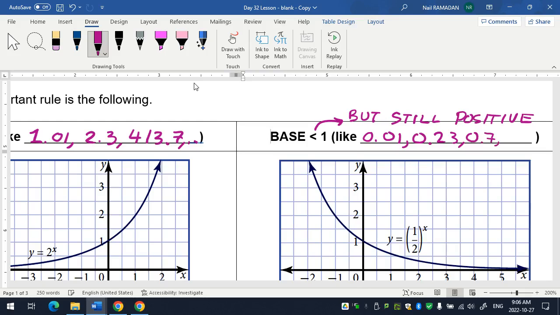Can you give me a decimal very close to 1? Very close to 1. 0.999999 forever. So let's just say 0.99. My point is, do not touch the 1. Okay? All right.